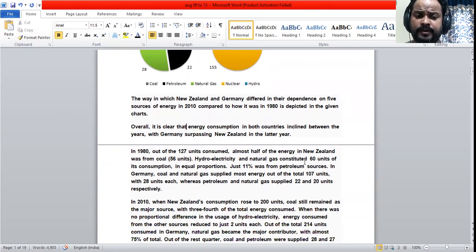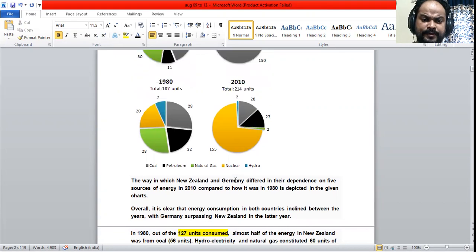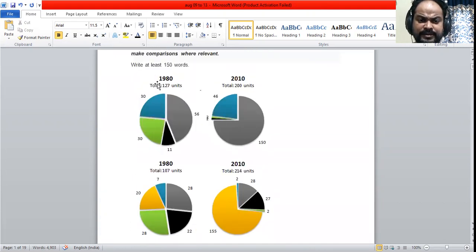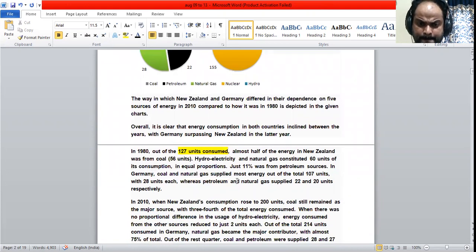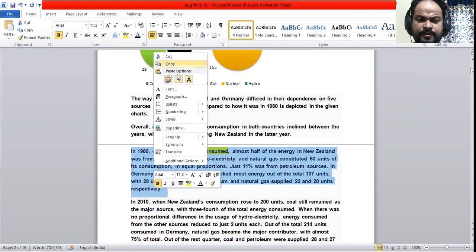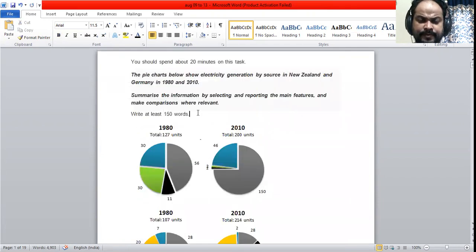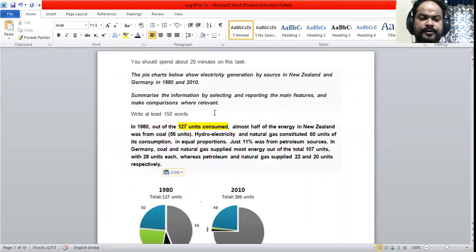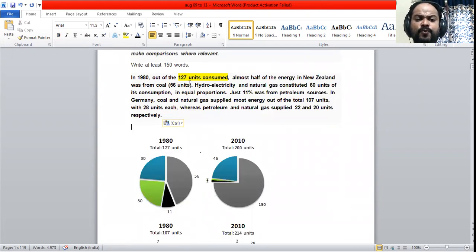Now, in 1980, what happened in 1980? Out of the 127 units consumed, here we have the total consumption, 127. So in 1980, out of the 127 units consumed, where is this data?